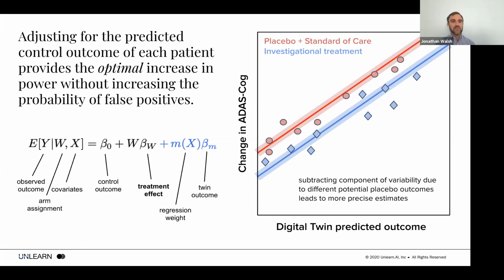The bands are denoting some measure of uncertainty of where these lines are. The distance between these lines is the treatment effect, and we can see it's clearly much more significant. So this is really the advantage of this approach. It allows digital twins to explain variability in treatment and control groups and decrease the uncertainty in measuring treatment effects, making it easier to identify effective treatments.